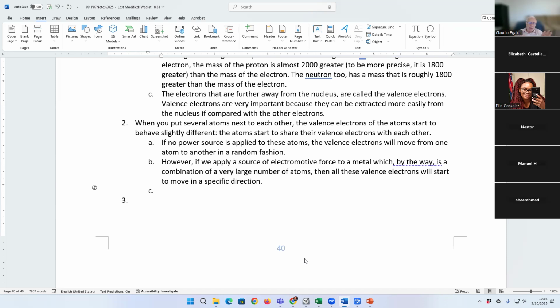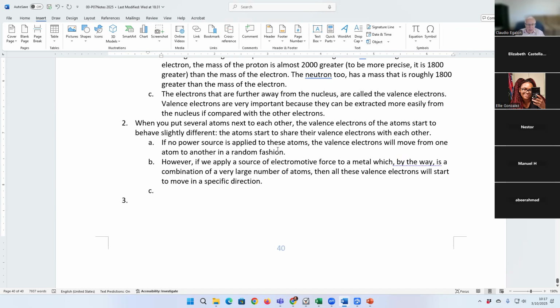If no power source is applied to these atoms, the valence electrons will move from one atom to another in a random fashion, back and forth, vibrating from one atom to another. However, if we apply a source of electromotive force to a metal, which is a combination of a very large number of atoms, then all these valence electrons will start to move in a specific direction.